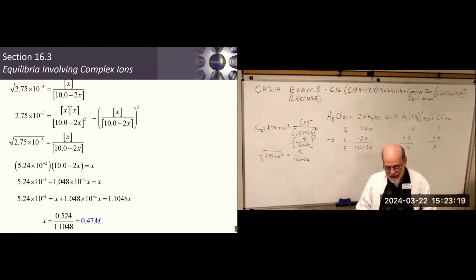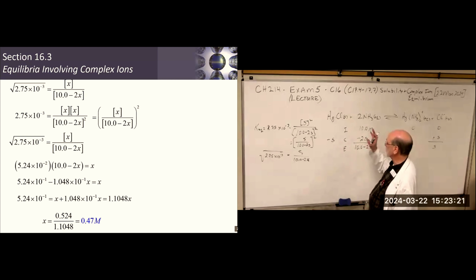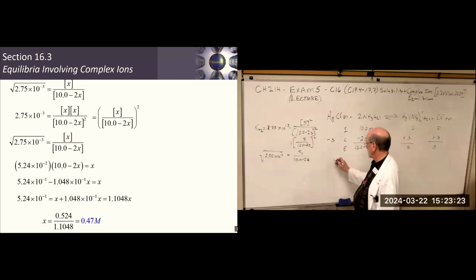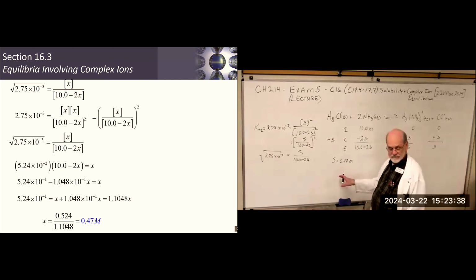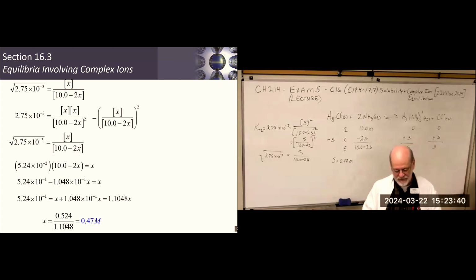We find out that now the solubility of silver chloride, S, equals 0.47 molar. Right. That is huge compared to, what was it, 1.3 times 10 to the minus 5 in just pure water. Right. So just adding that ammonia will get the silver chloride into solution.